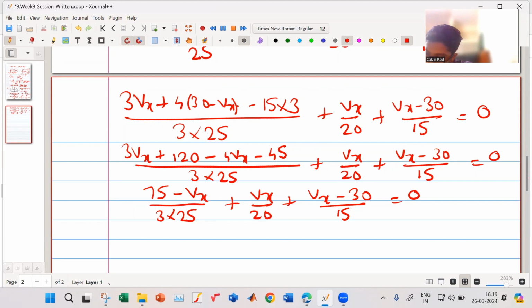So what do we do now? We have to get a common denominator. Anything common in your denominator? 5. So I multiply both sides by 5.